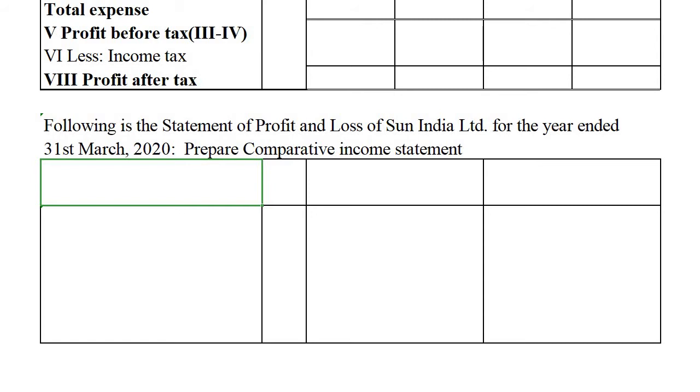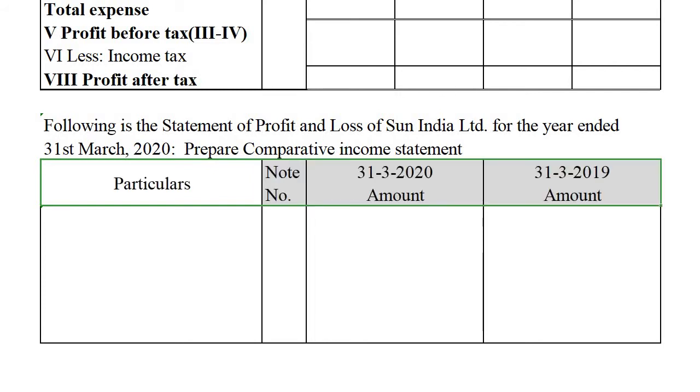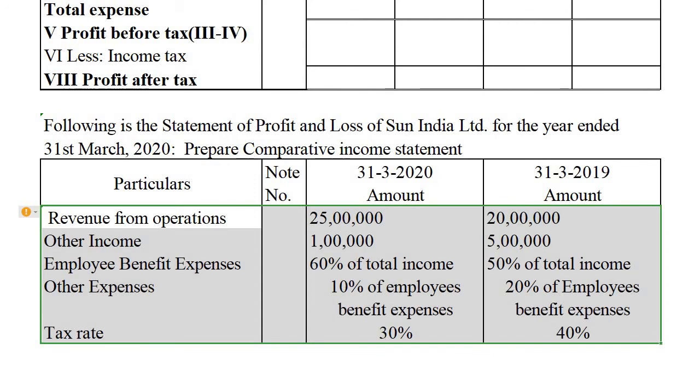For the year ending 31st March 2020, the particulars and all the amounts are given here. See, revenue from operation for 31st March 2020, 25 lakh, and 31st March 2019, that means the previous year, 19. So 2020 is the current year, 2019 the previous year.